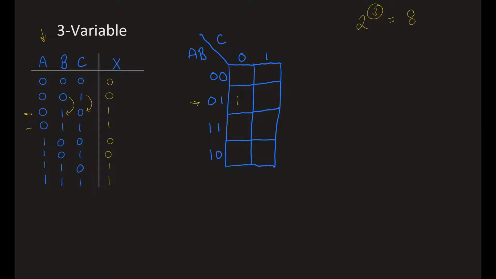Again, I go to the 0, 1 row, the 1 column, and put a 1 there. These are zeros, so we don't need to write them. I come here, and at 1, 1, 0, we have 1. So I go to the 1, 1 row, and the 0 column, and the 1, 1 row and the 1 column. And that's it. That's how you fill it out.